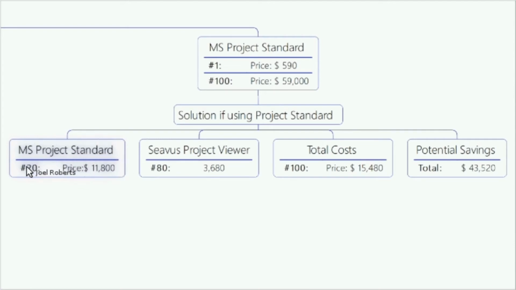To cover 20 users with Microsoft Project Standard would cost you 11,800 US dollars. But to cover the rest of the 80%, so the 80 users, with Seavus Project Viewer would cost you 3,680 US dollars. So the total cost would be 15,480 US dollars, and the potential saving would be 3 times more.